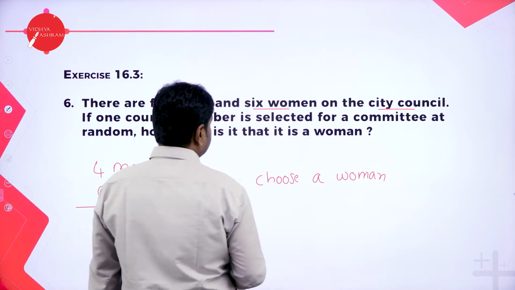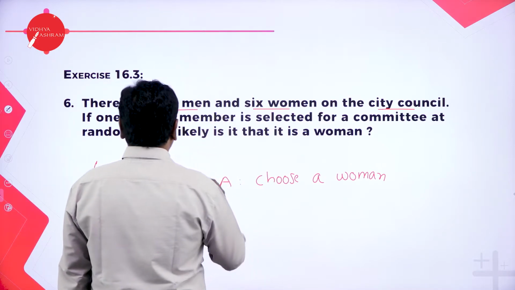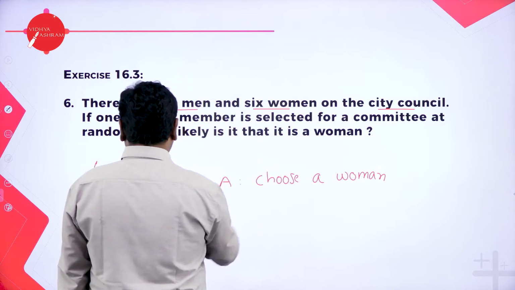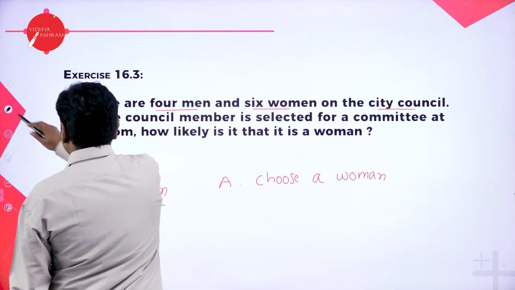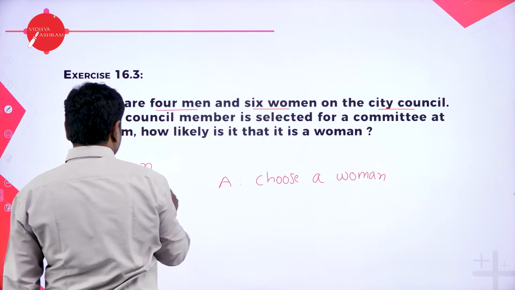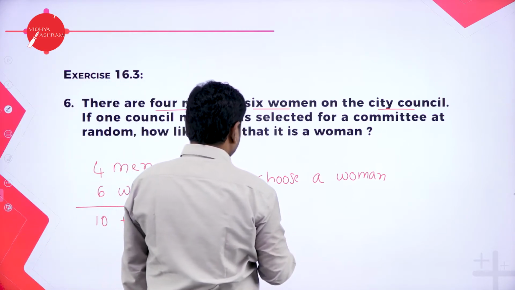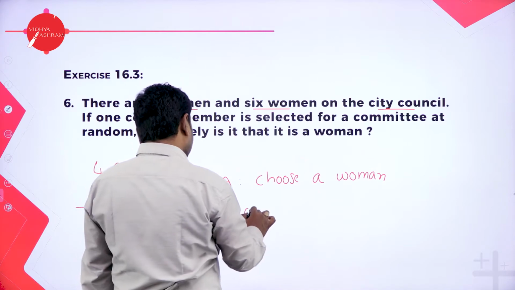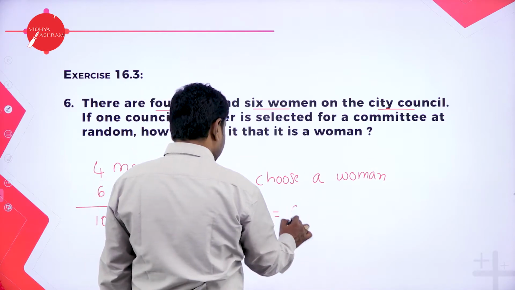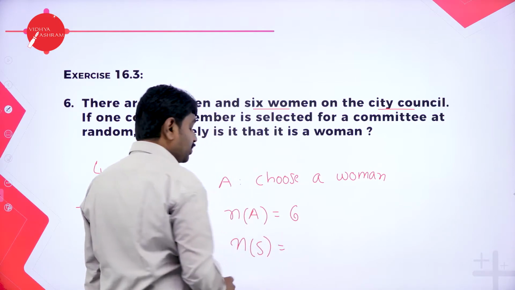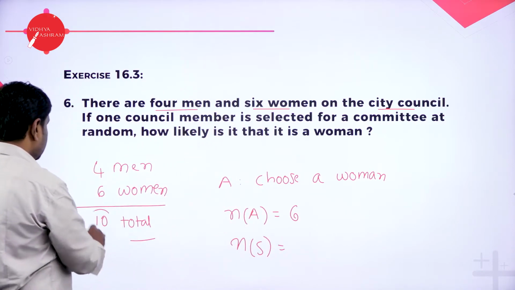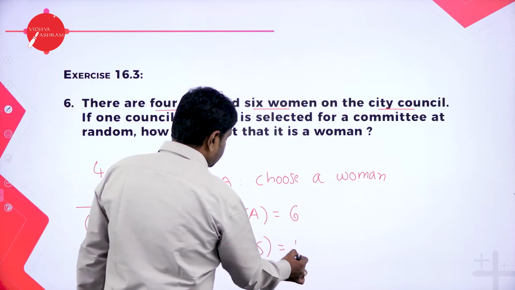So dear students, 6 women are given, and now I have to select. See, n of A, the number of candidates, is 6. n of S, the total number of people, is 10. n of S means all possible outcomes, 10.